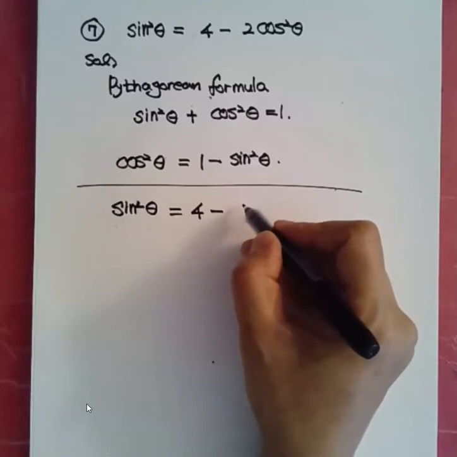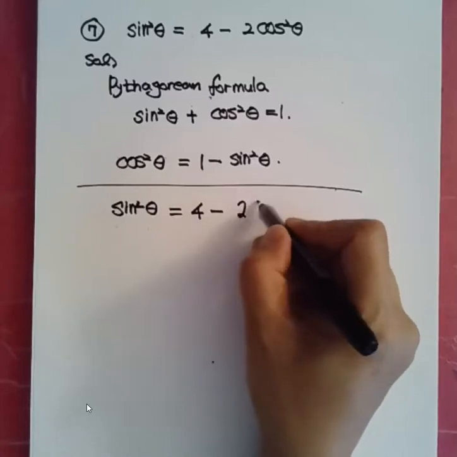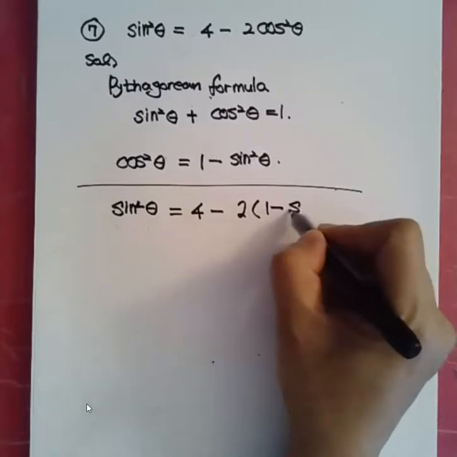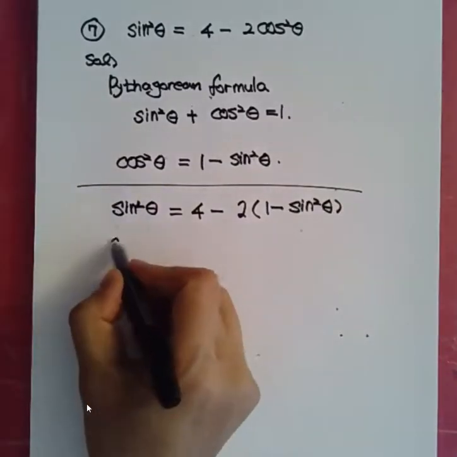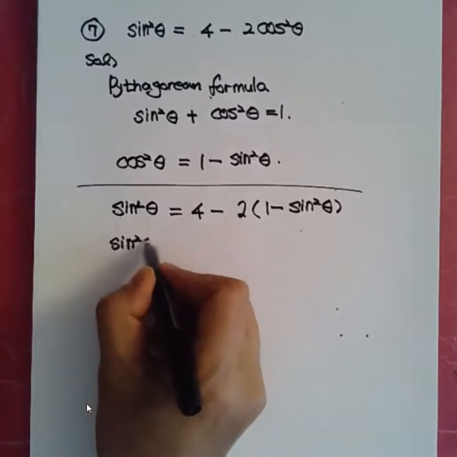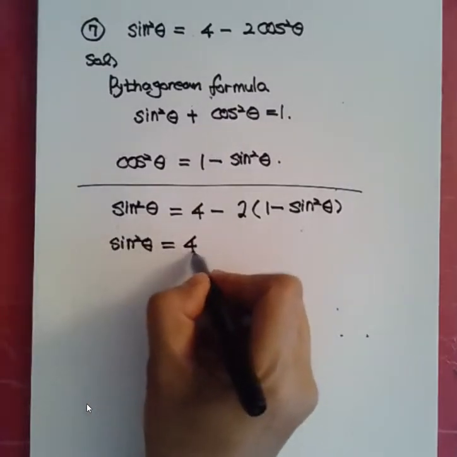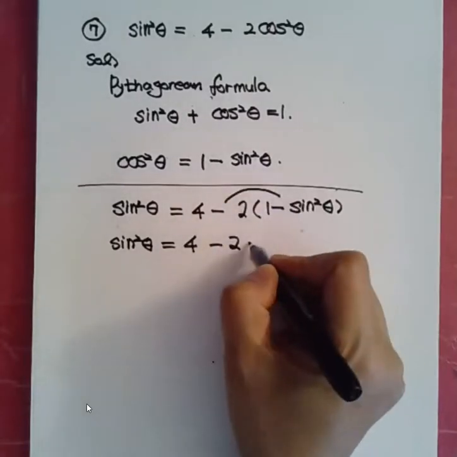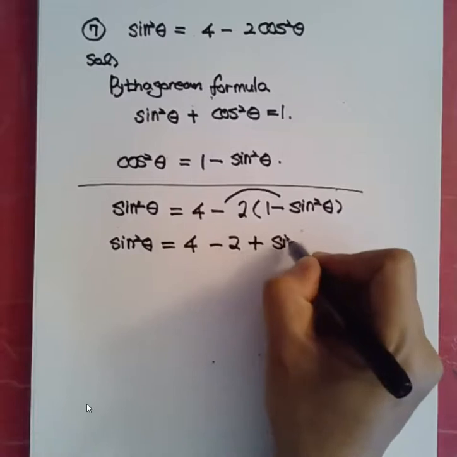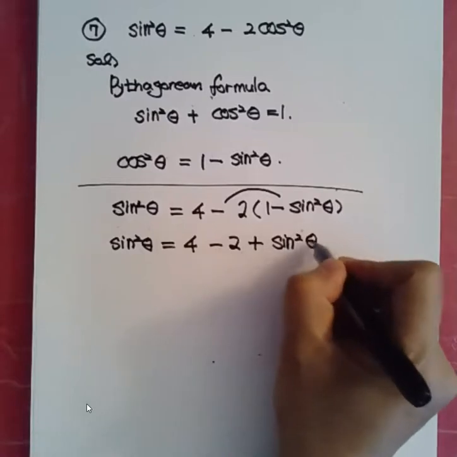So the right side will be 4 minus 2, open parenthesis, 1 minus sine squared of theta. Let's simplify. Sine squared of theta equals 4 minus 2, minus minus will be plus, plus 2 sine squared of theta.